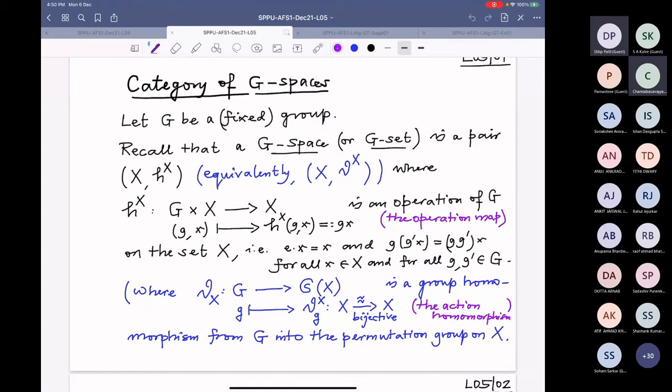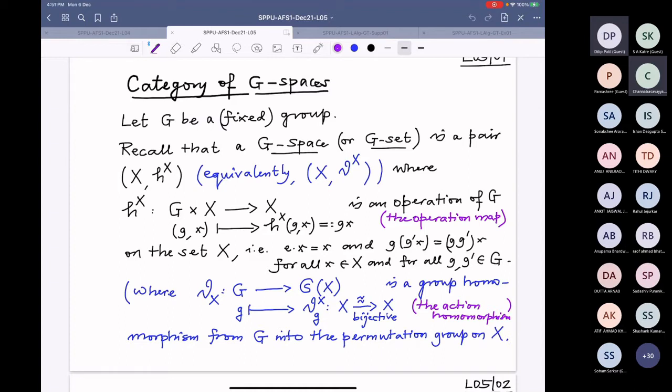That I am calling H. And this operation will depend on the set X, so therefore I have this X in the upper. I cannot put it below for obvious reasons. Or equivalently, we saw that giving H, an operation, is equivalent to saying X and the group homomorphism. That is what I have written.